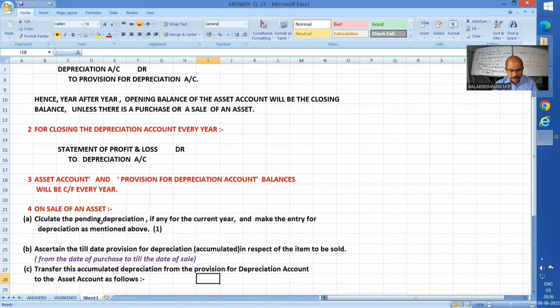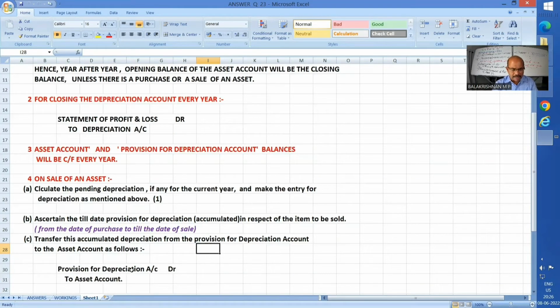When such calculation is required, suppose the asset is sold midway or any day after the beginning of the year, it means we have to calculate proportionate depreciation. Next, B, ascertain the till date provision for depreciation, or in other words, accumulated depreciation in respect of the item to be sold from the date of purchase till the date of sale. That you have to separately calculate.